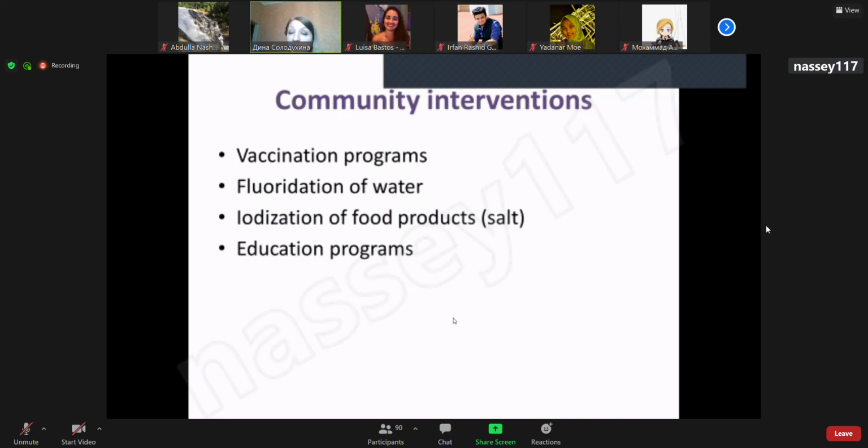And the good point about community studies or community trials is that we can check how the effect from intervention is produced not at an individual level, but at a community level.